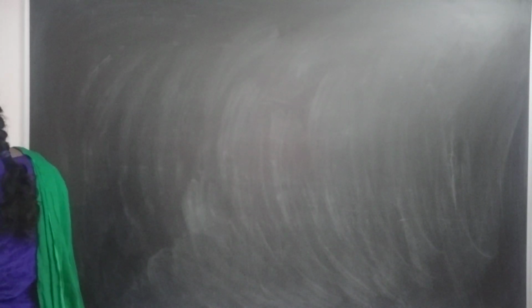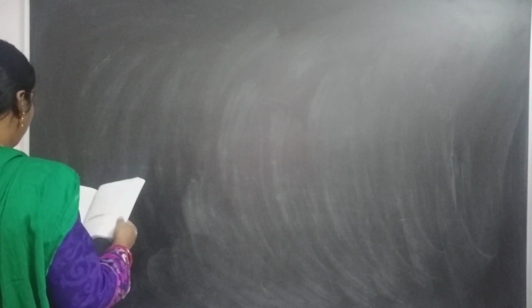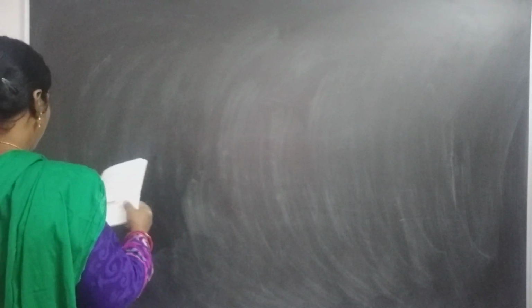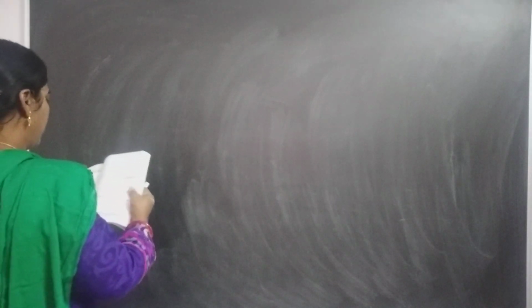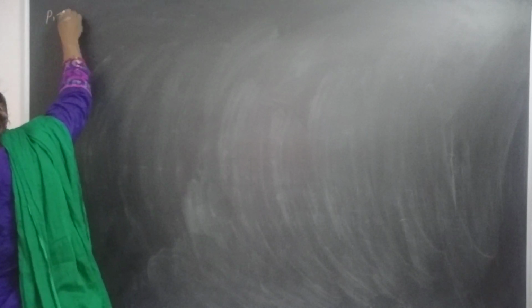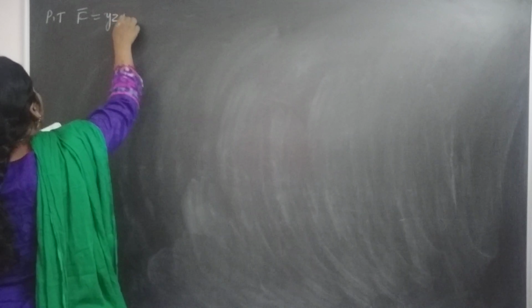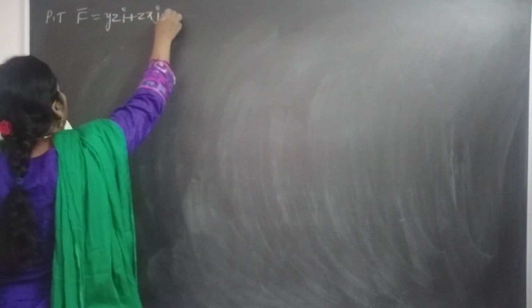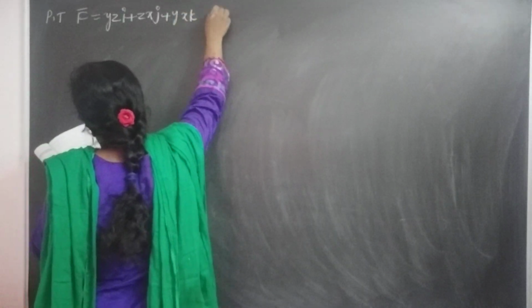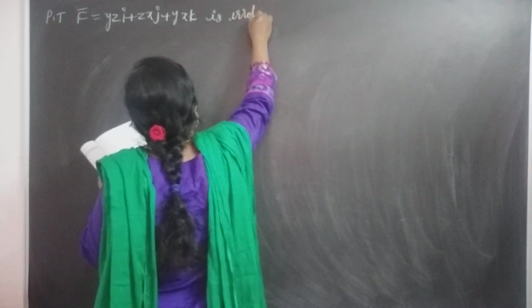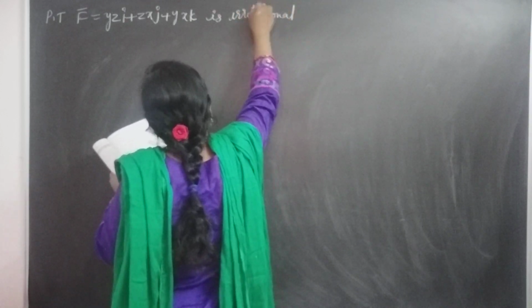The problem is: prove that F vector equal to yz i plus zx j plus yx k is irrotational.